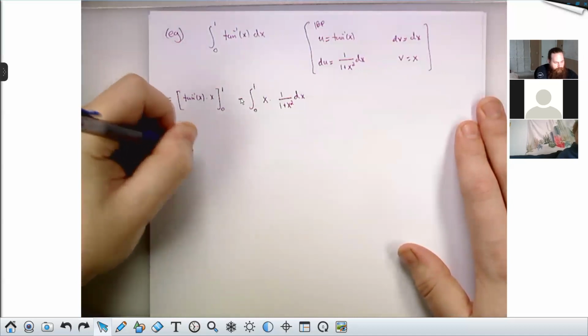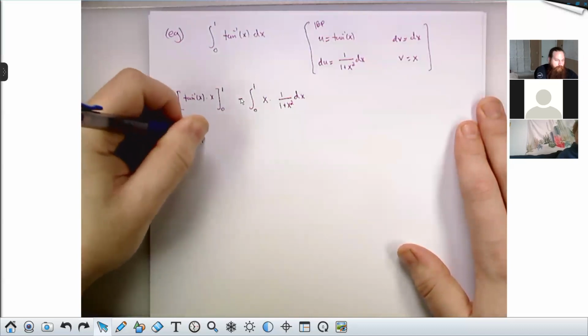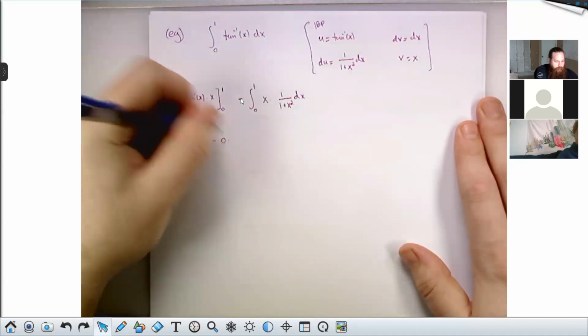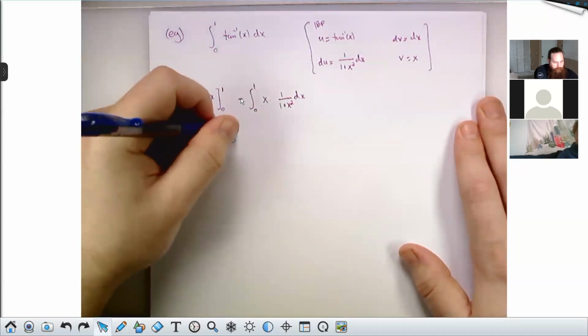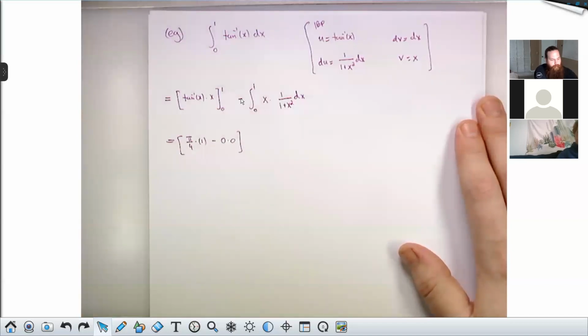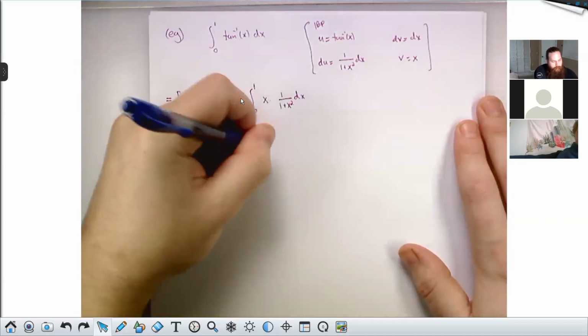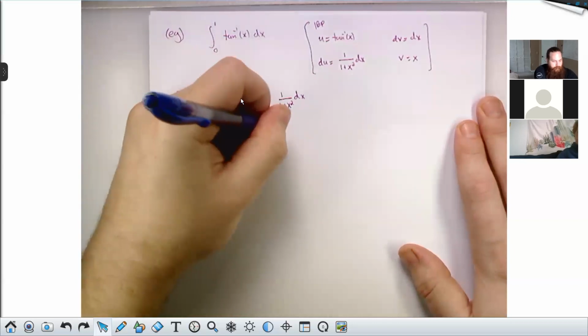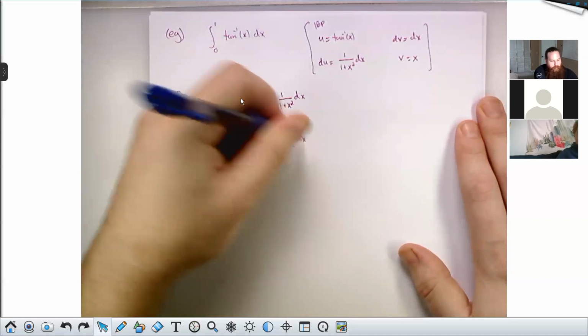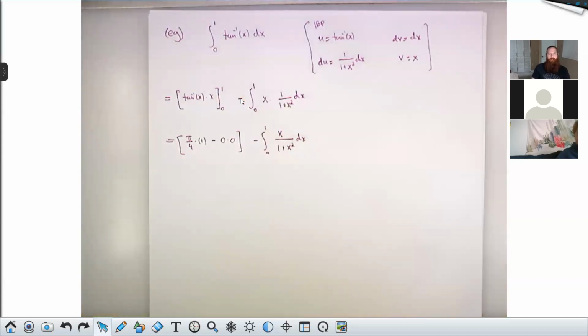So I have pi over 4 times 1 minus the inverse tangent of 0 is 0, and 0 times 0 is 0. So that's our evaluation. And then over here, I can do some algebra to rewrite this piece as x over 1 plus x squared dx, if we wanted to. So of course, 0 times 0 is 0. That first piece, everything there is just pi over 4.